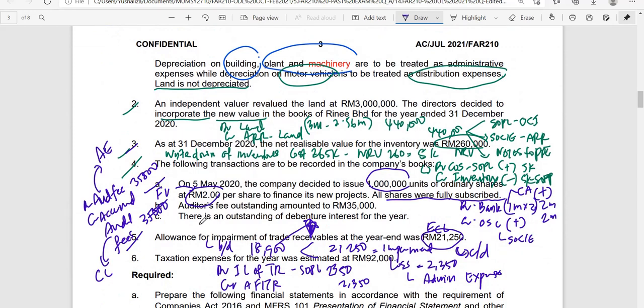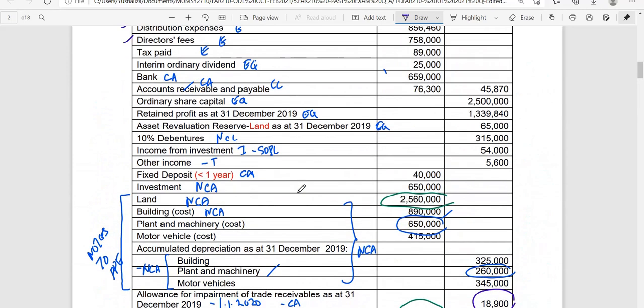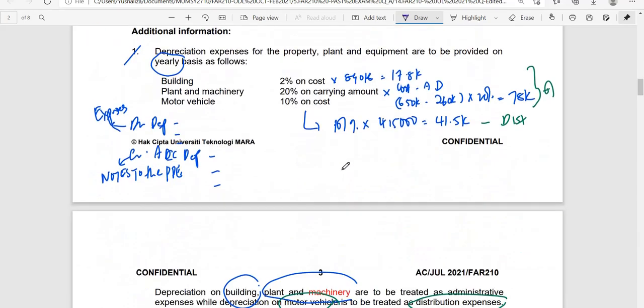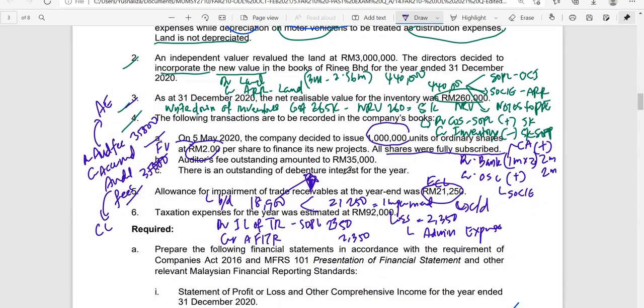So outstanding debenture interest means throughout the year, you have the debenture of 315 here, and the rate is 10% for the interest. So throughout the year, none of the debenture interest has been provided for. So this is about accrued debenture interest, and that would be 315, the debenture carrying amount, times 10%, and that would give you 31,500.